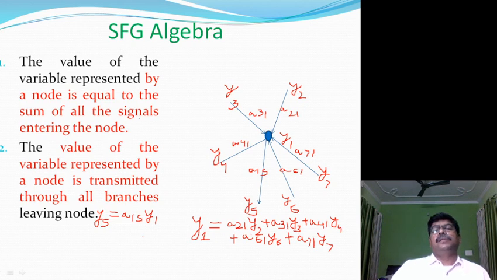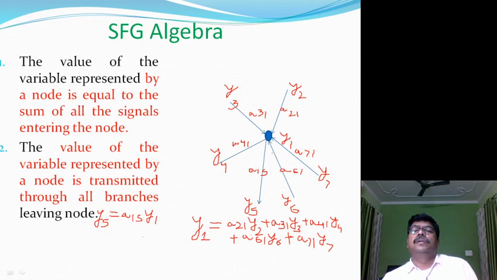So here in this diagram you can see this is the node. That node has inputs: y2 with the path gain of a21, y3 with the path gain of a31, meaning the signal traveling from y3 to y1.